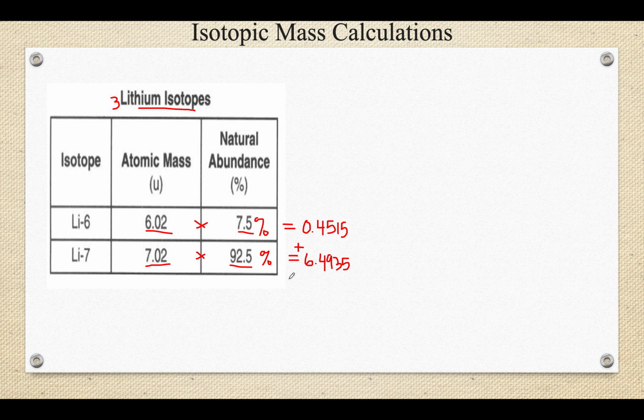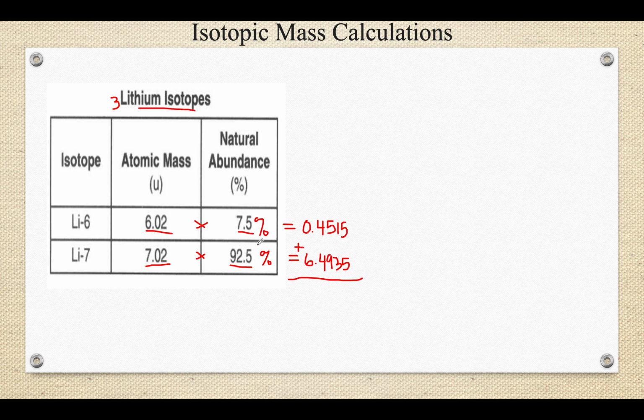Because 7.5% of the lithium mass that I see in the periodic table is coming from isotope lithium-6, whereas 92.5% is coming from isotope lithium-7.